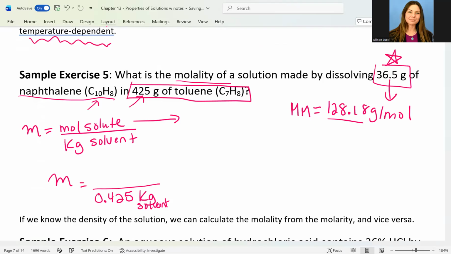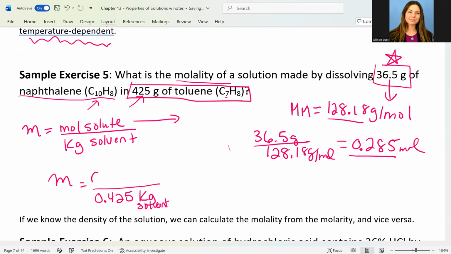And you could find those values on the periodic table for carbon and hydrogen if you don't have them memorized. What we're going to do here is take 36.5 grams, divide by the molar mass, 128.18 grams per mole. That will become our value for moles, and that is about 0.285 moles.